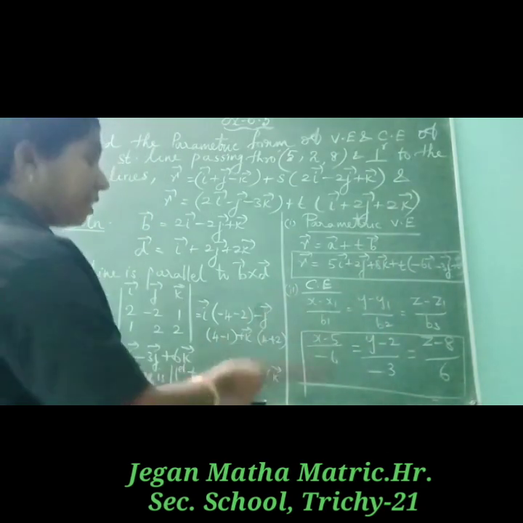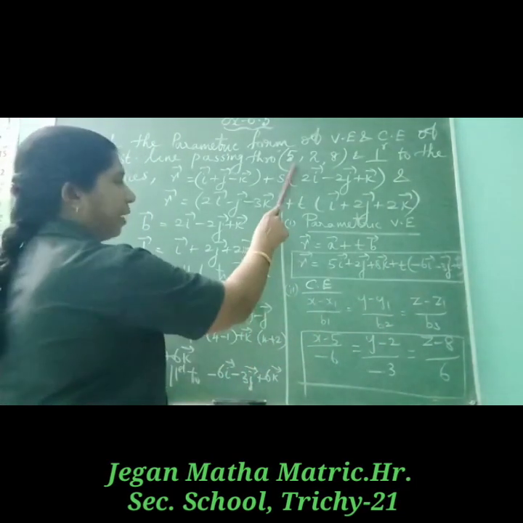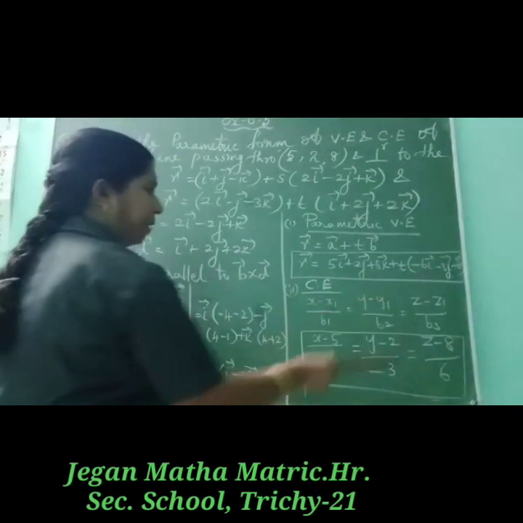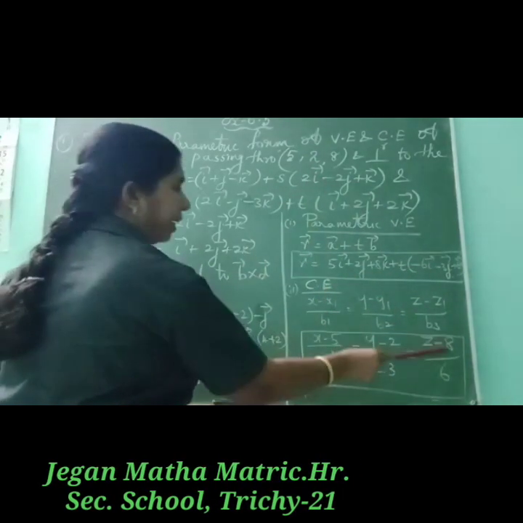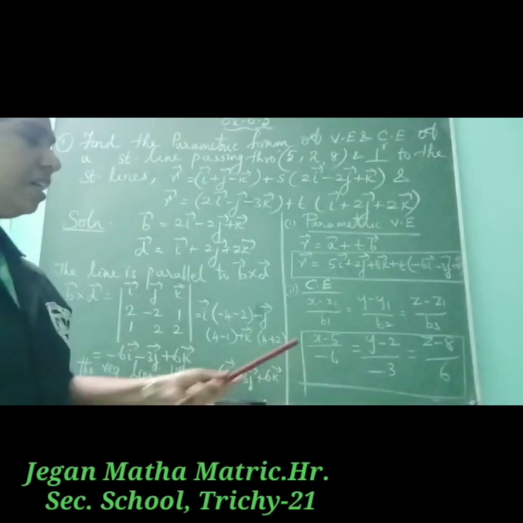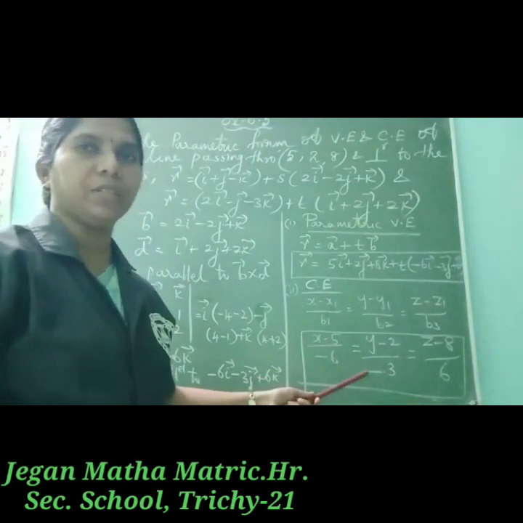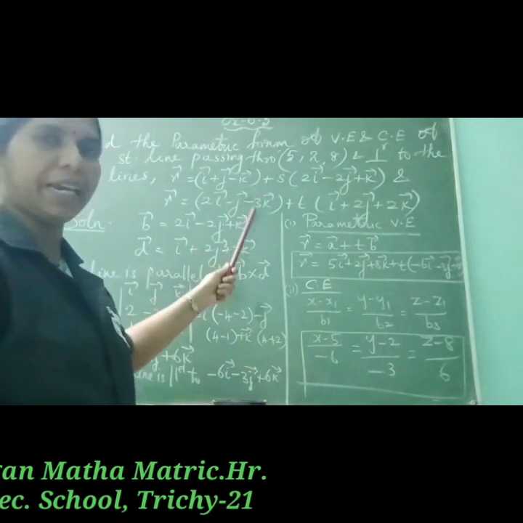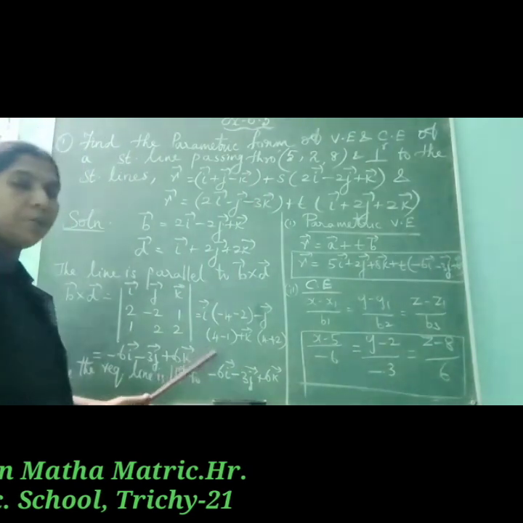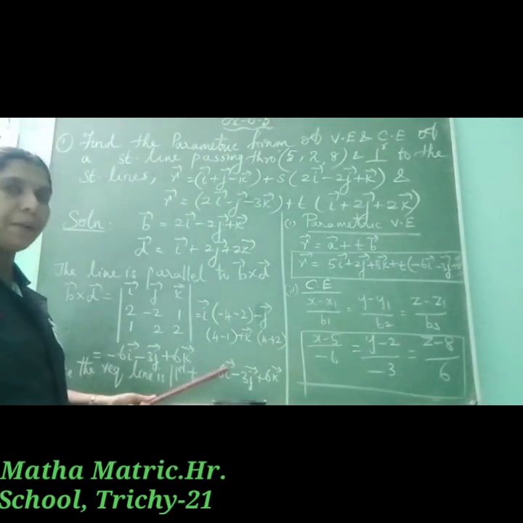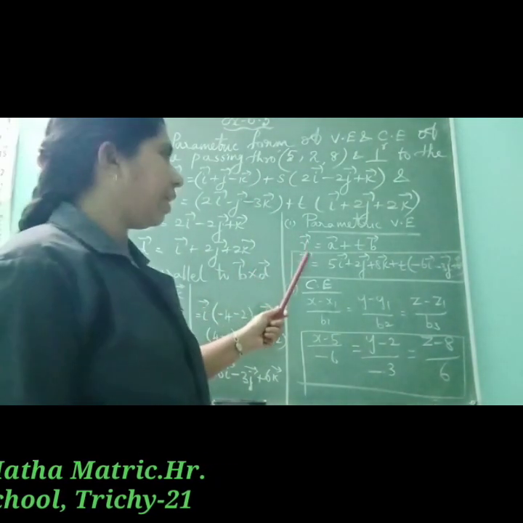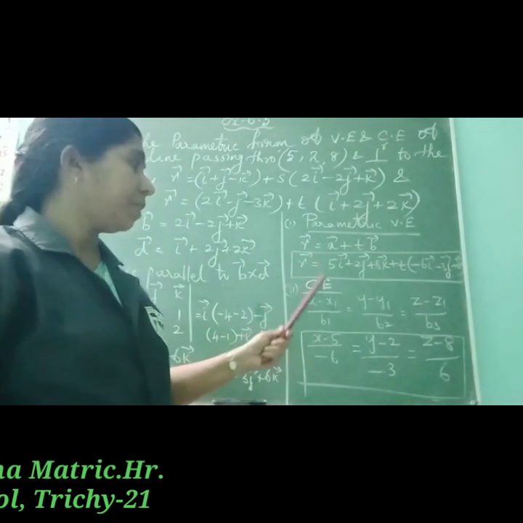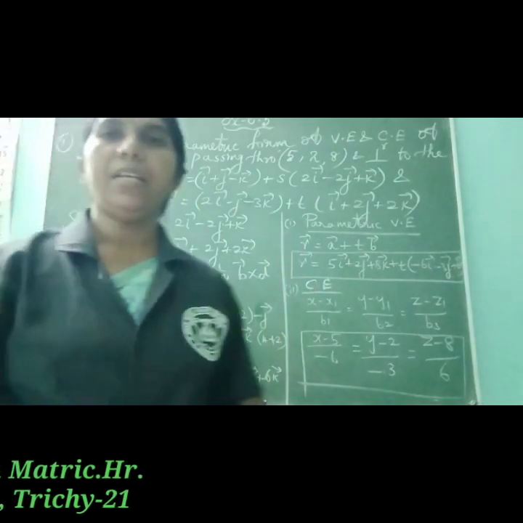Substituting the corresponding values, x minus 5 divided by minus 6, y minus 2 divided by minus 3 and z minus 8 divided by 6. This is the required Cartesian equation. So from one point and two perpendicular lines, we derive the parallel vector. With the help of that parallel vector, we can find the parametric form of vector equation as well as the Cartesian equation.